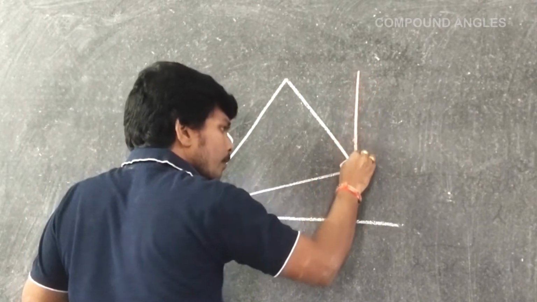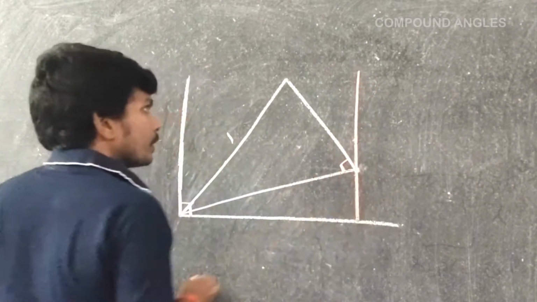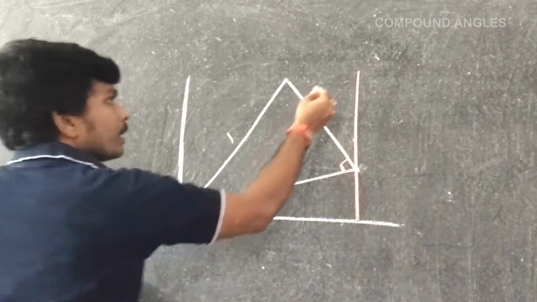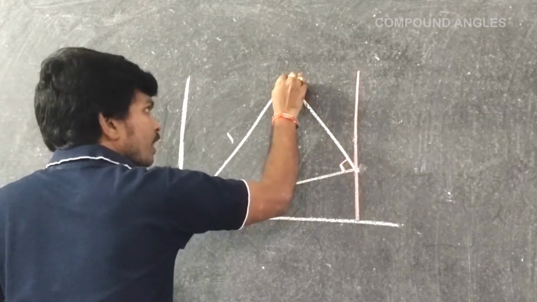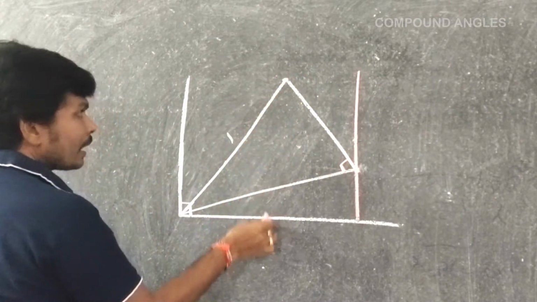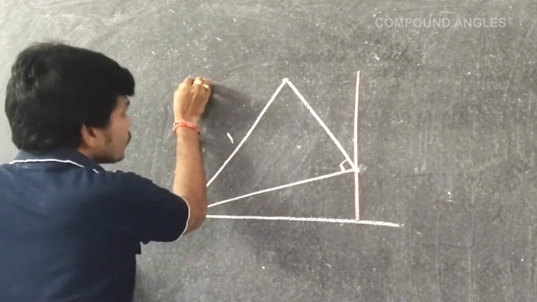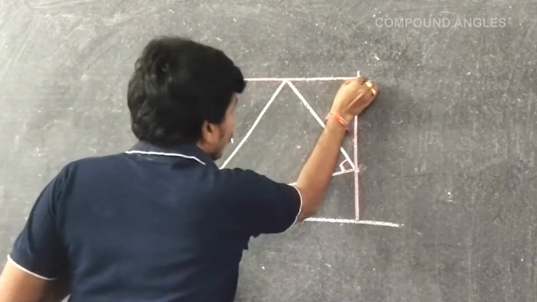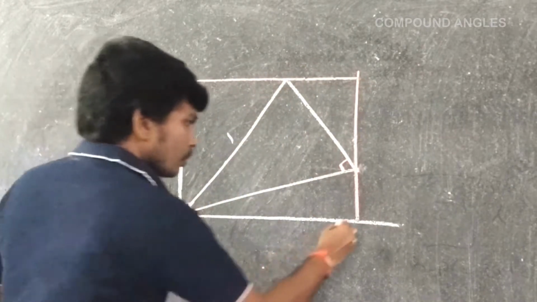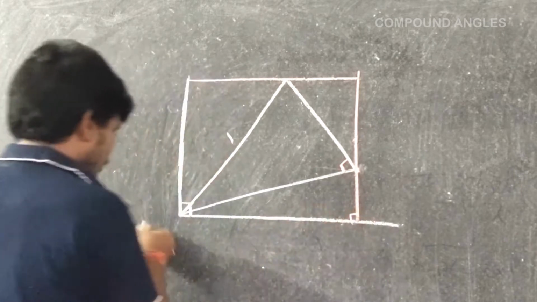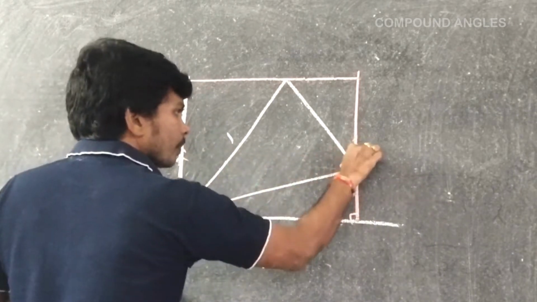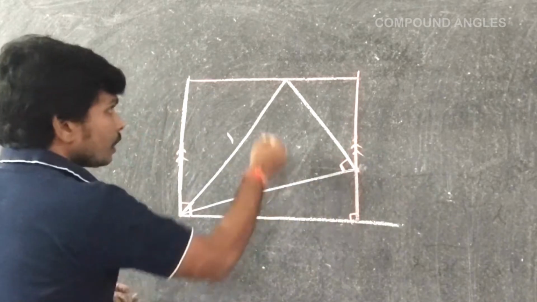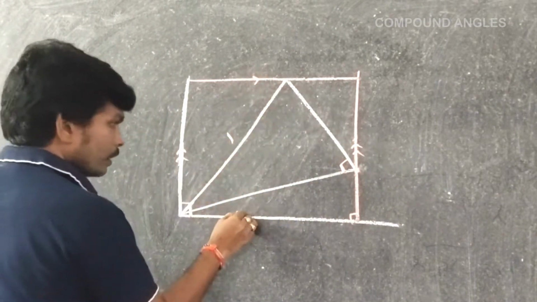Okay. Yes, very good. One more line I'm taking. This passes through this vertex and is parallel to this line. So this is 90 degrees because these two lines are parallel and these two lines are parallel.